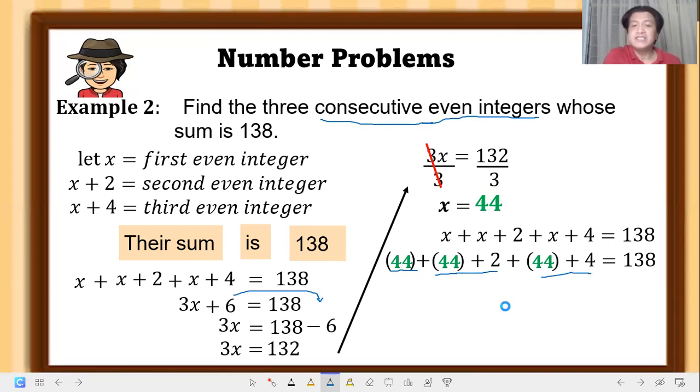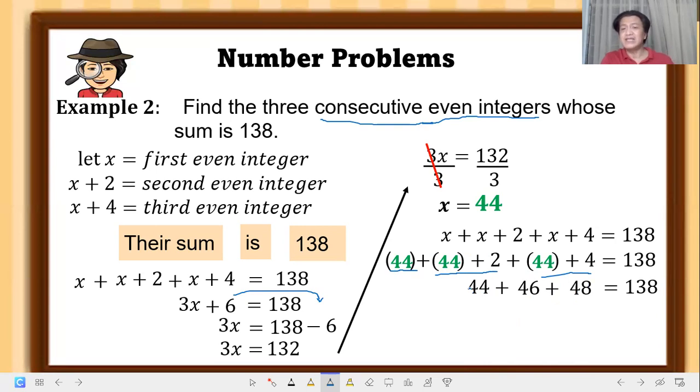Okay? Pag sinimplify natin dyan, 44, and then 46, and then 48. Okay, kasi 44, ito yan, 44 plus 2, 46, 44 plus 4, 48, and copy natin yung equals 138.